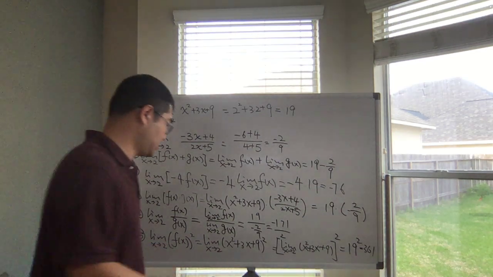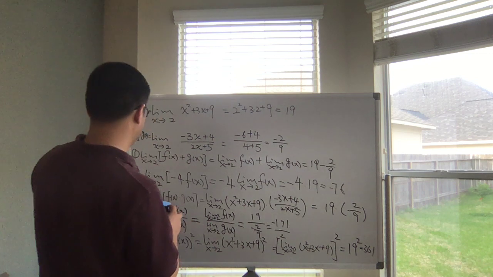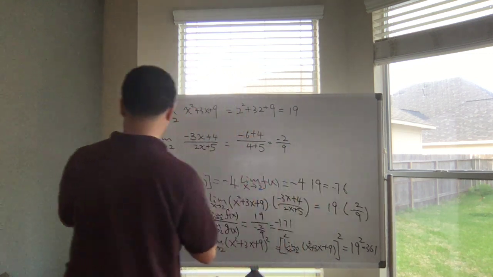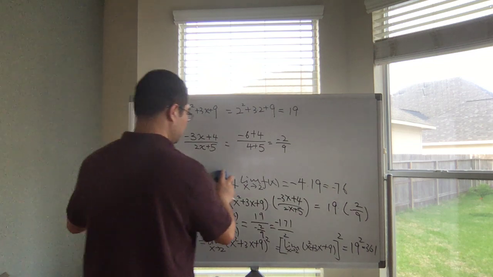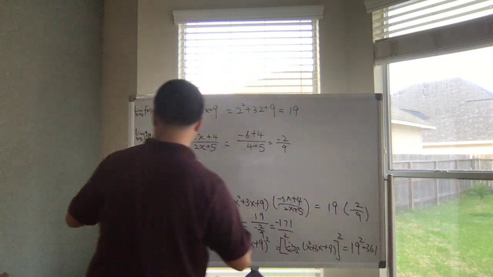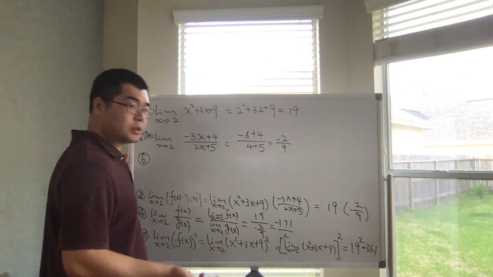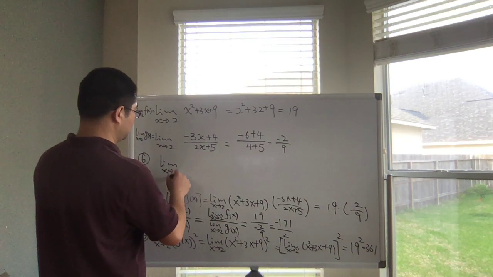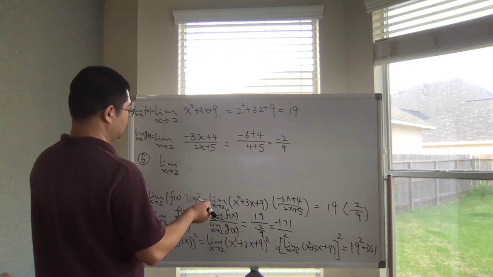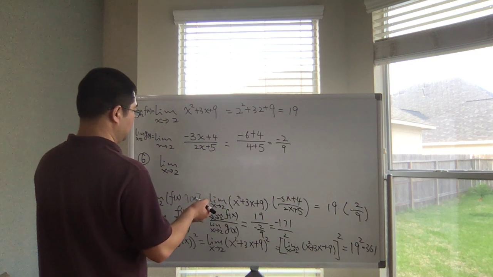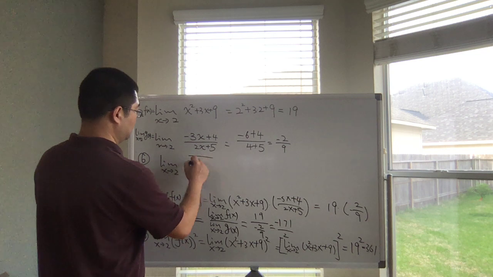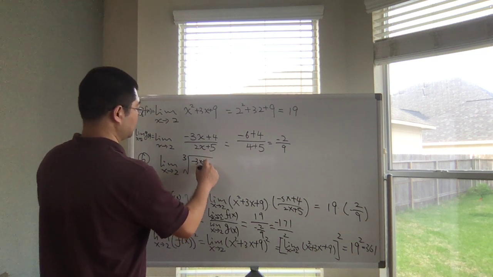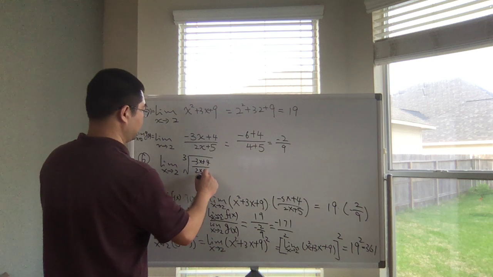Let's do number 6, which is the root law. Let's do the limit as x approaches 2 of the cubic root of negative 3x plus 4 over 2x plus 5.